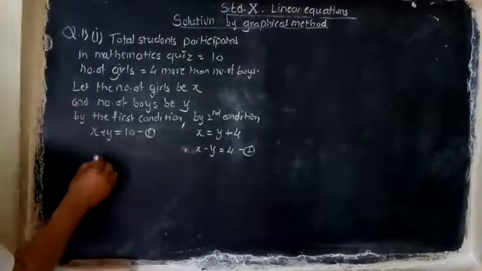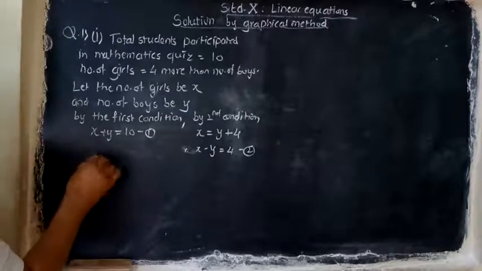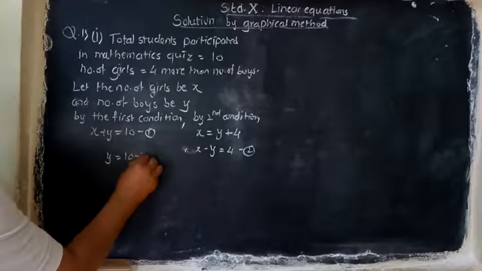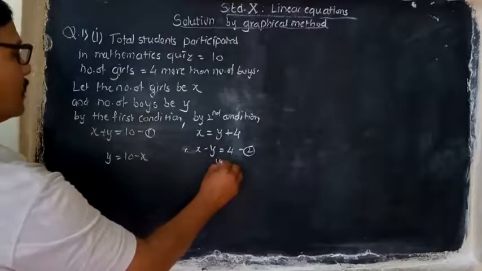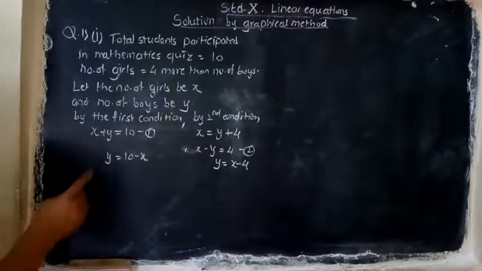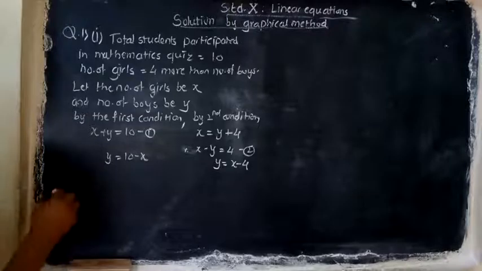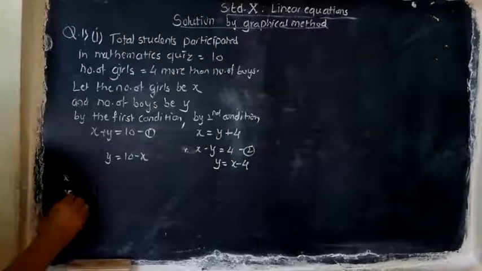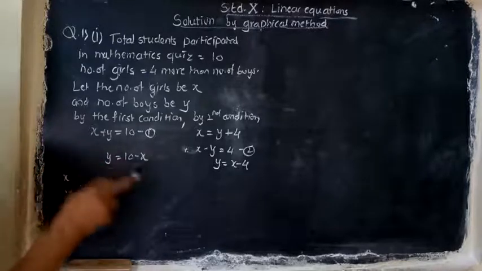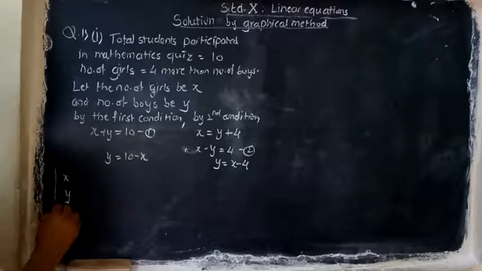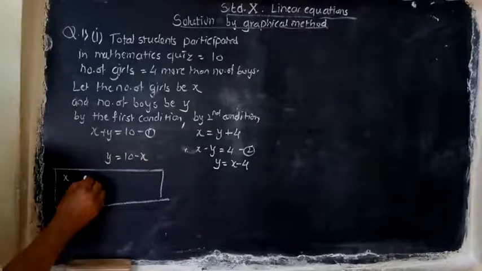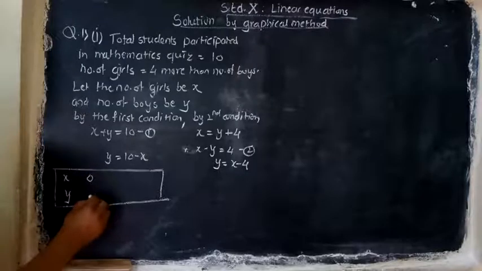Now from these two equations, to find the points, we can convert them into Y is equal to 10 minus X, and Y is equal to X minus 4. Now we can choose points arbitrarily. You have to choose 3 points: 2 points to confirm the line and a third point to verify whether our relation is true or not. First, if we take X is equal to 0, then Y must be 10.